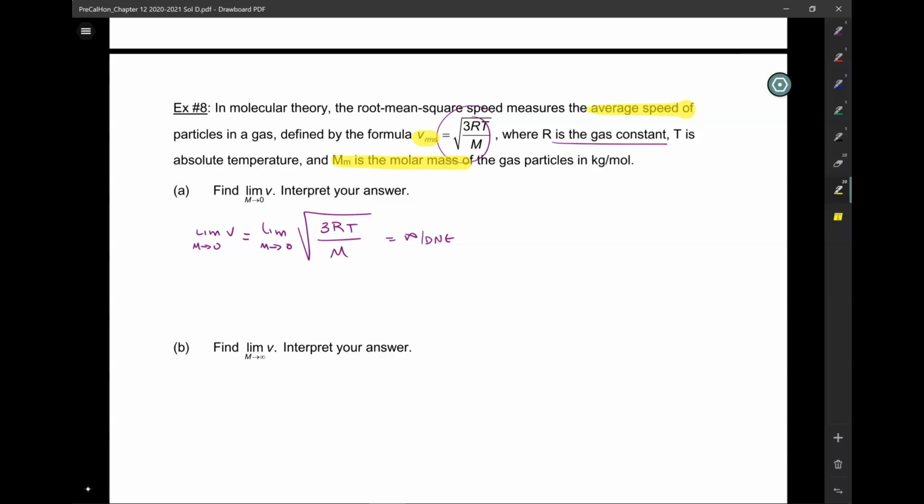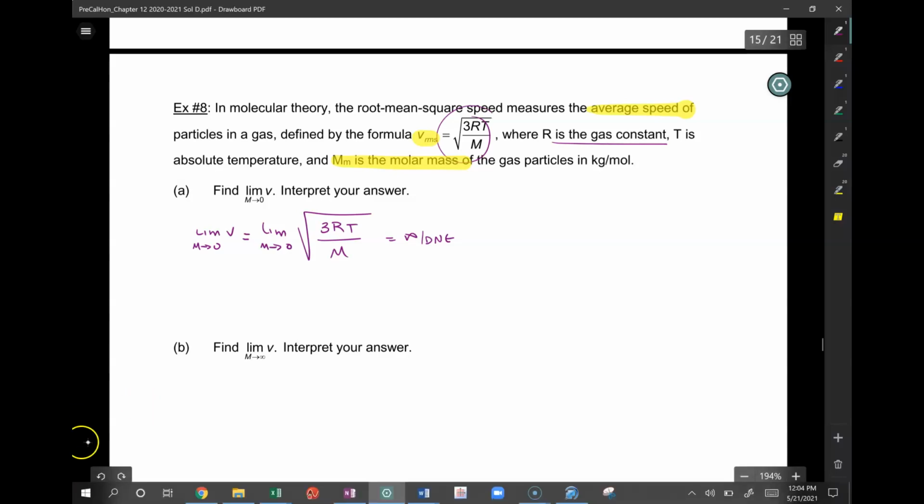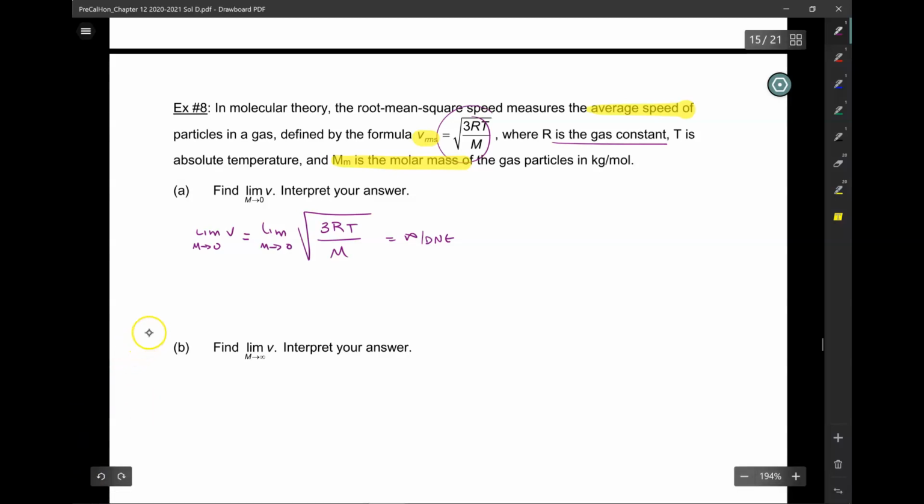Let me organize my thoughts. Oh, I think I get it. So it's saying as the molar mass shrinks, the speed is growing infinitely. Exactly. As the mass of the particle approaches 0, the velocity will become infinitely large.